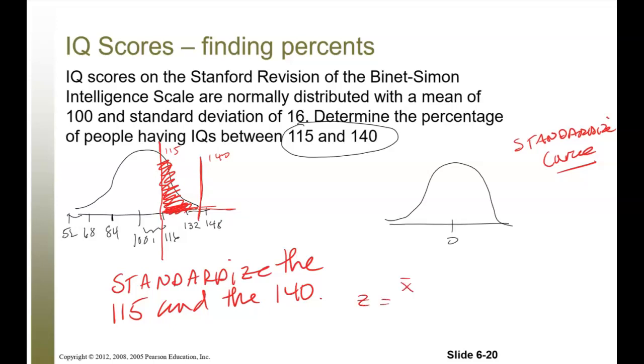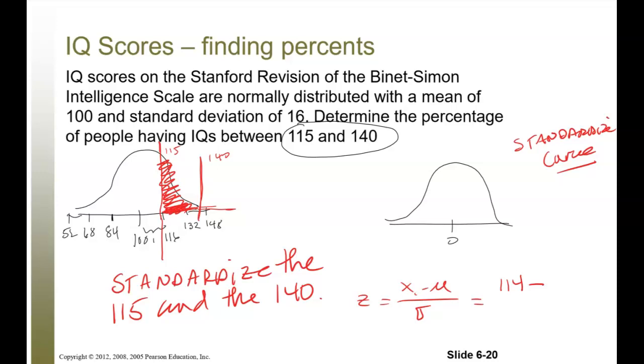Z equals x bar minus mu over standard deviation. So let's do the 115 first. Sorry, not x bar. I apologize. I'm jumping ahead. It's just x. All right, so I'm going to use my x value of 115.